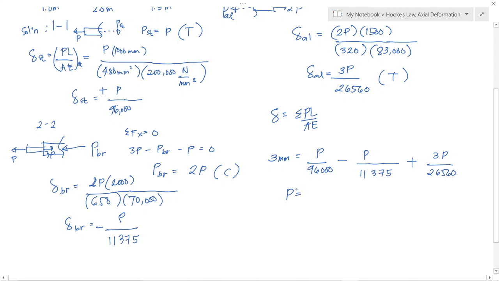value of P is equivalent to, okay, so 1 over 96,000 less 1 over 11,375, add 3 over 26560.